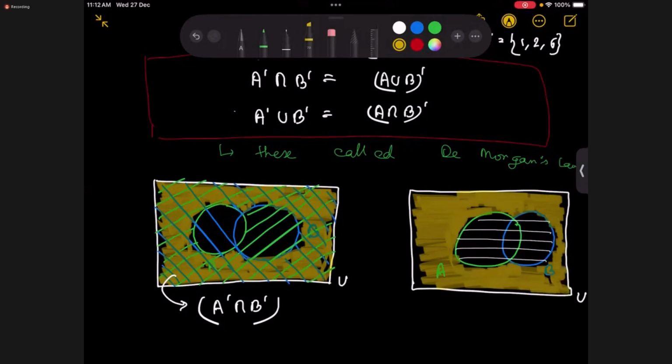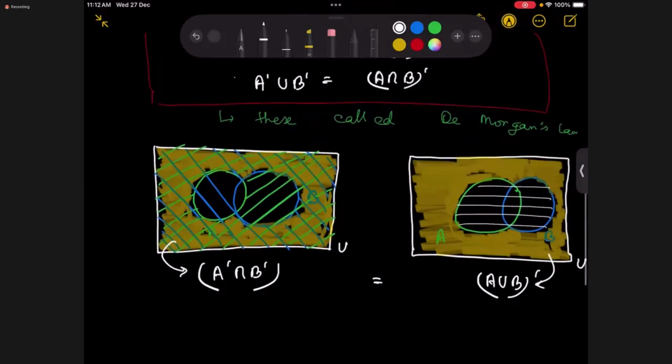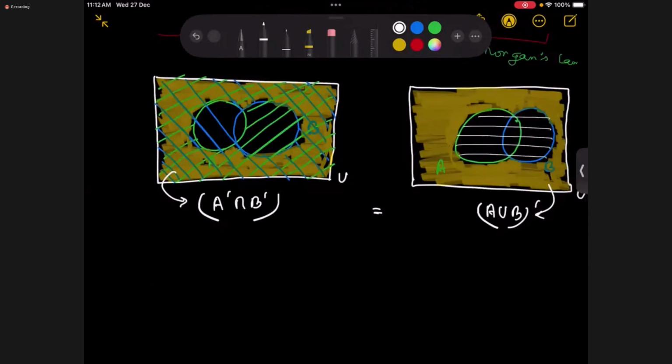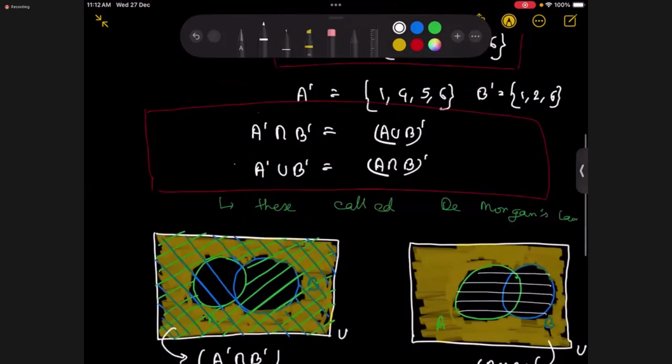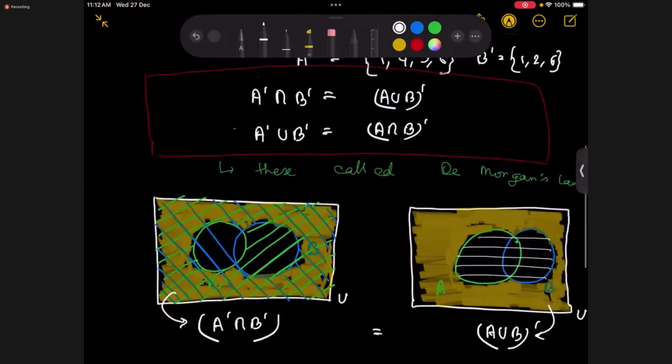So this is called the complement of A union B. Clearly we can see that these two sets are equal, and in a similar way we can prove the other thing, that whenever we have A complement union B complement, this is equal to the complement of A intersection B. Okay, so using a Venn diagram we can prove these statements.